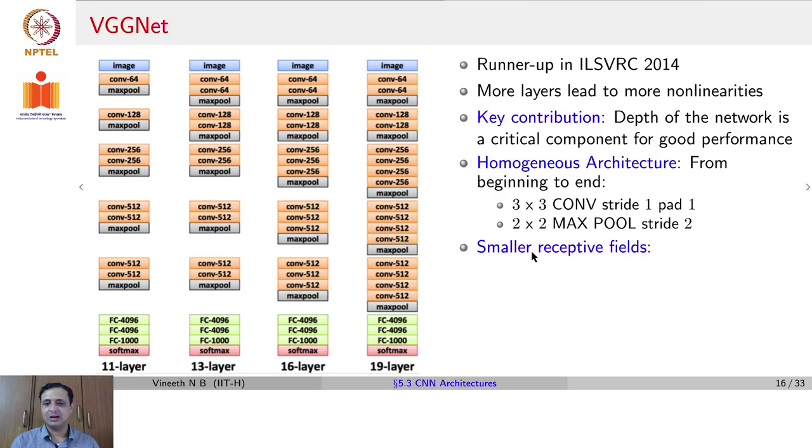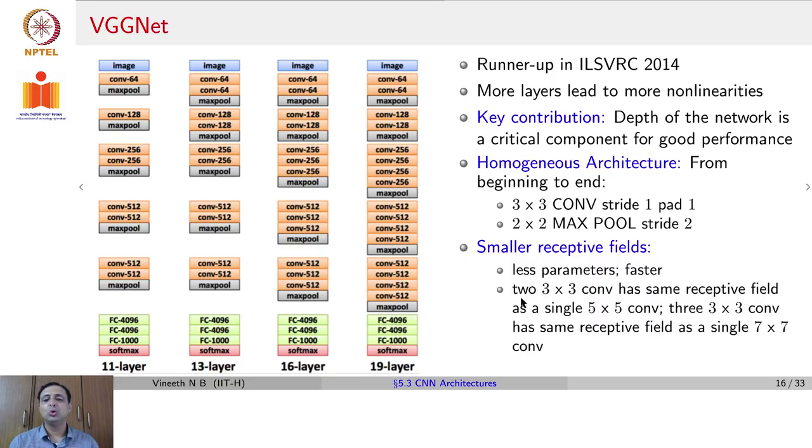Their main idea was that a smaller receptive field means fewer parameters, which means if you have a 3 cross 3 filter, there are fewer parameters to learn. More importantly, two 3 cross 3 convolutions done in sequence have the same effect as one 5 cross 5 convolution. When you do one 3 cross 3 convolution, you get an output. If you do a 3 cross 3 convolution on the output of that first one, you would have the effect of a neighborhood of 5 cross 5 pixels in the original image having an effect on the later output.